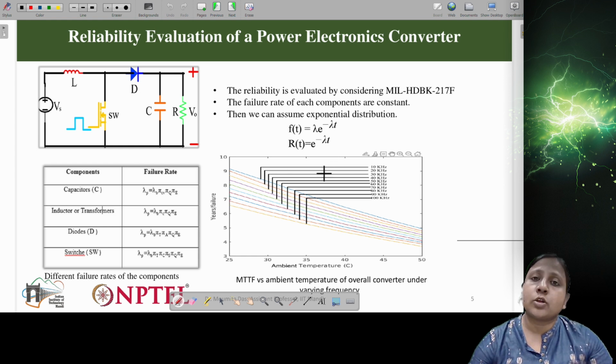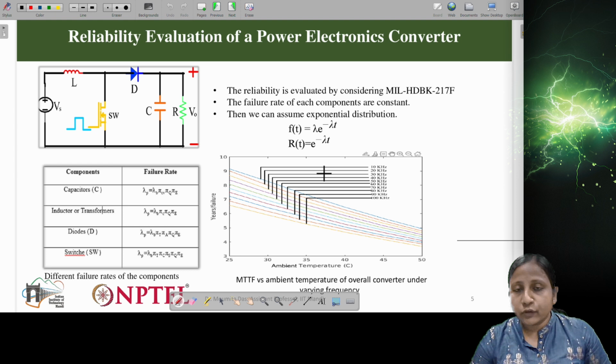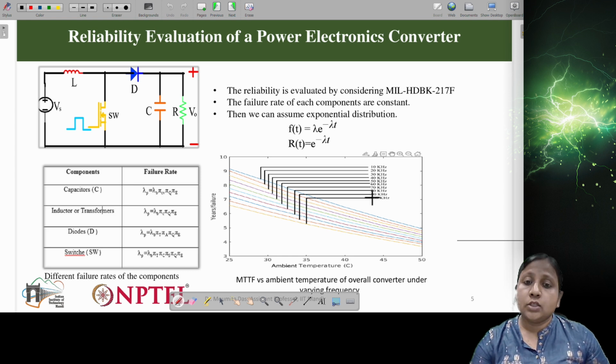This is very important because as we are considering wide bandgap devices, obviously we are looking for high frequency operation. Here the frequency ranges are shown from 10 kilohertz to 100 kilohertz: 10, 20, 30, 40, 50, 60, 70, 80, 90, 100. You can see different lines are shown.